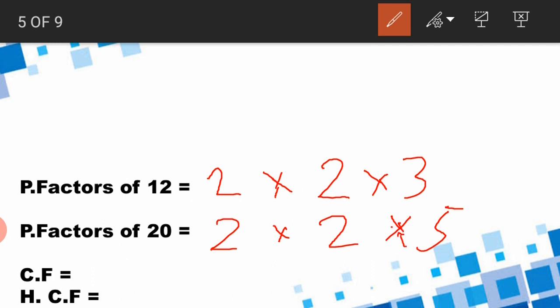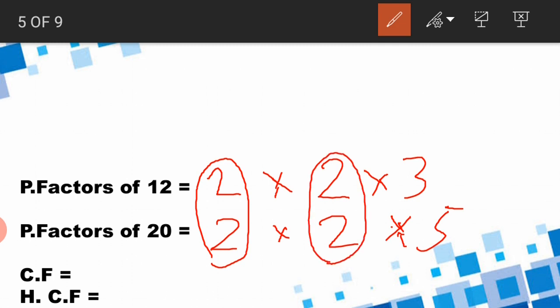Now students, the next step is we have to make a loop. We have to circle the common factors. So here we have common factors 2 and 2. Here we have common factors 2 and 2. So common factors are 2 into 2. Now 2 2s are 4.